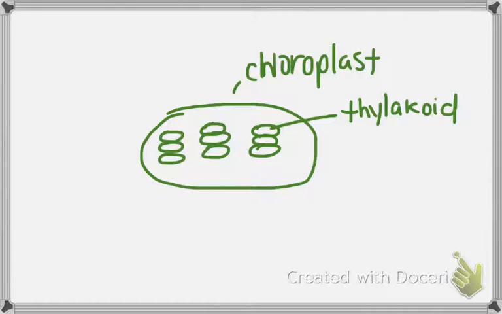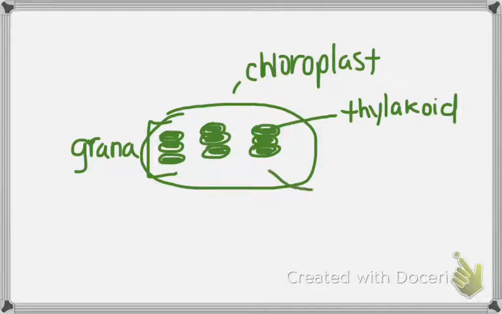So please put a big old bracket around that whole stack of pancakes. That is called a grana, or some people like to call it a granum, if you're fancy. One green pancake is a thylakoid, a stack of green pancakes is a grana. And then this empty space in between actually has a name. It is called the stroma.